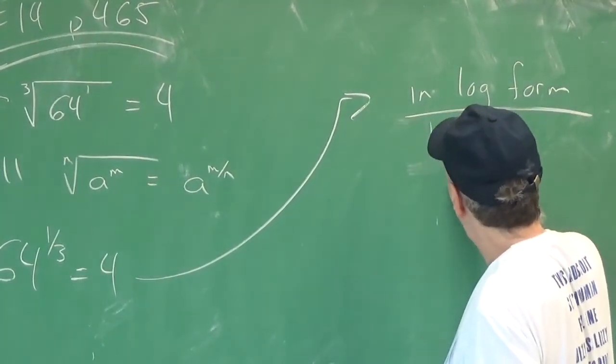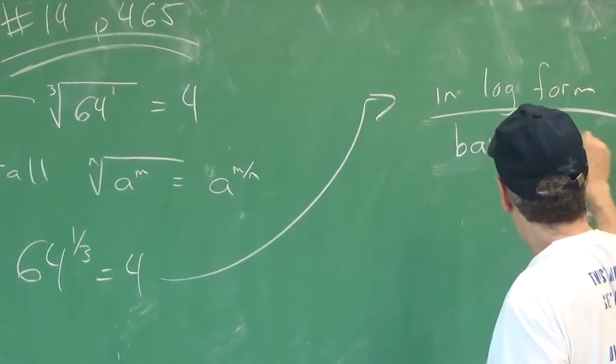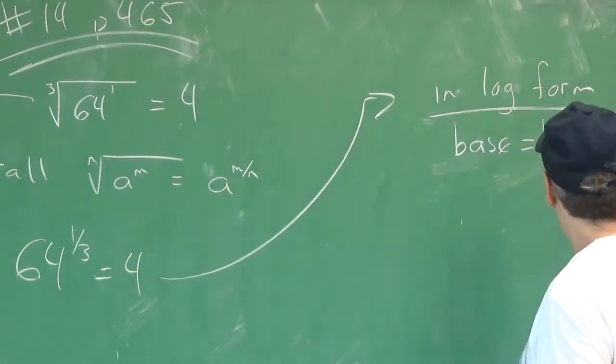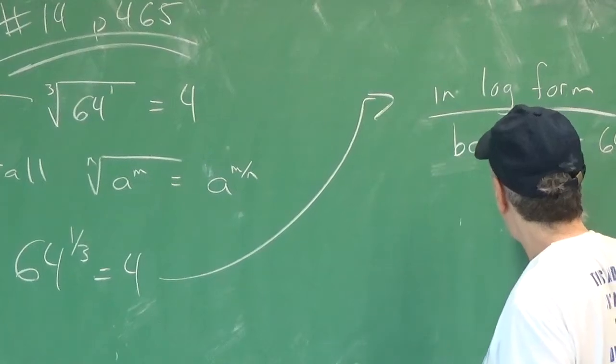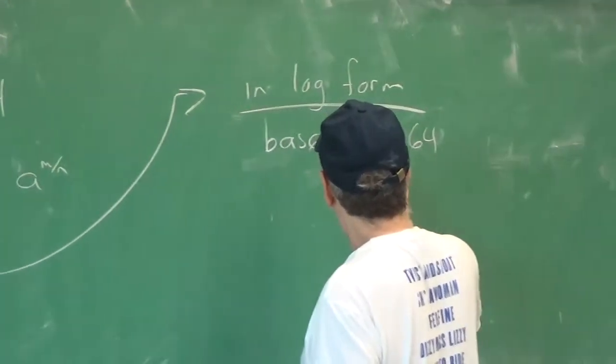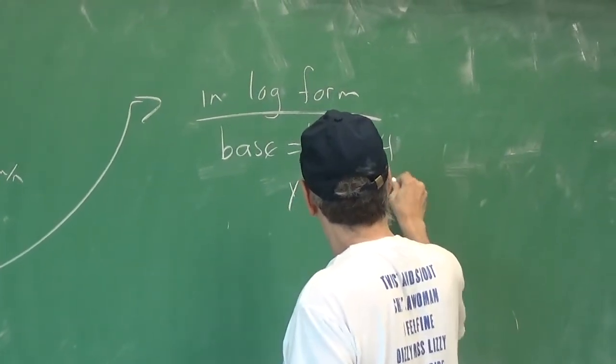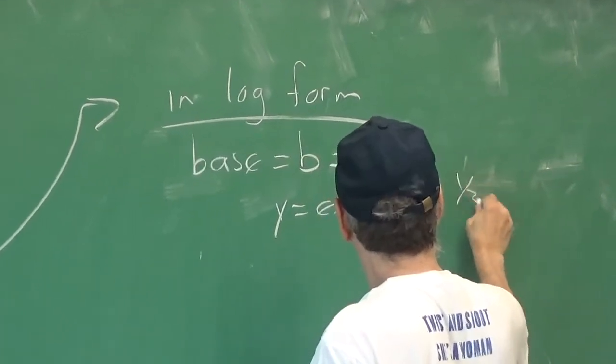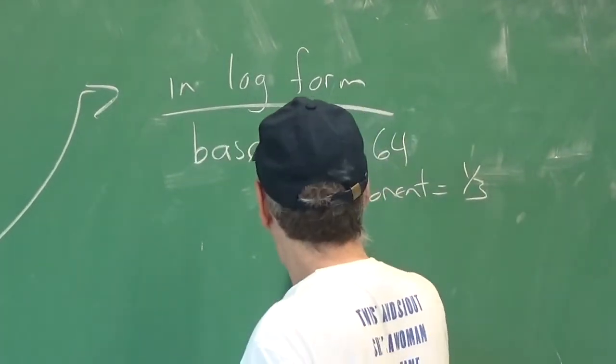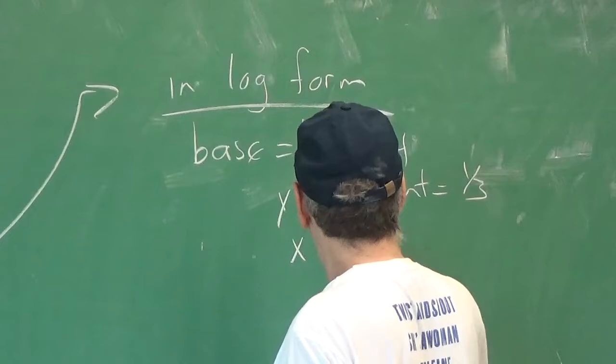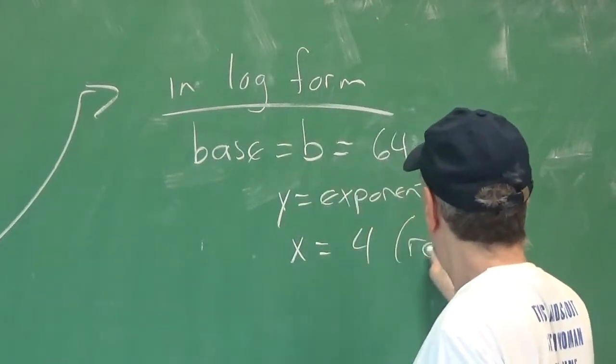Now, in log form, the base, our b term, is 64. Our exponent, the y, is 1/3, and the x value is 4, the result.